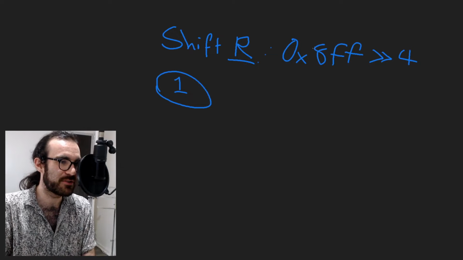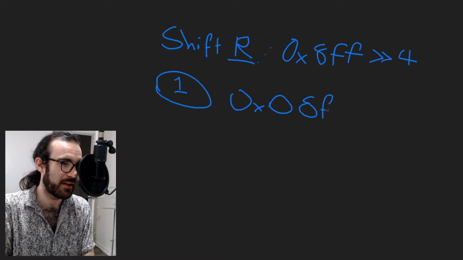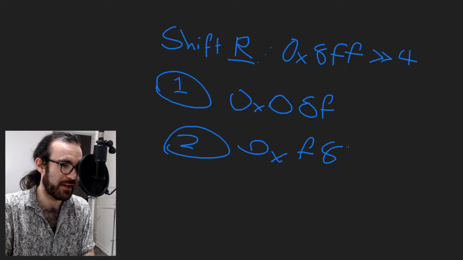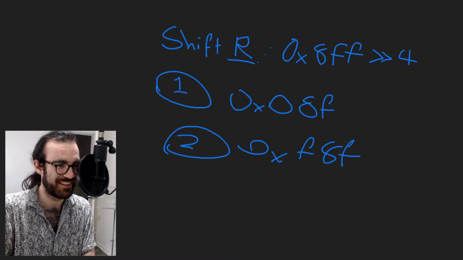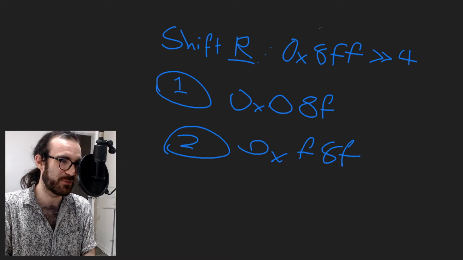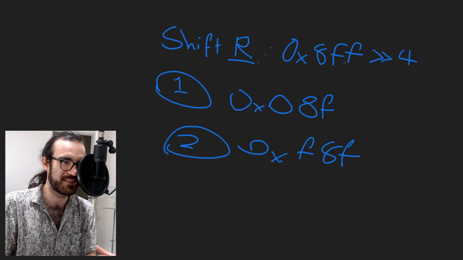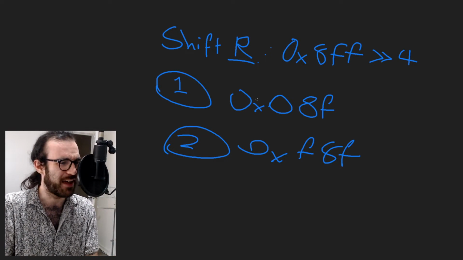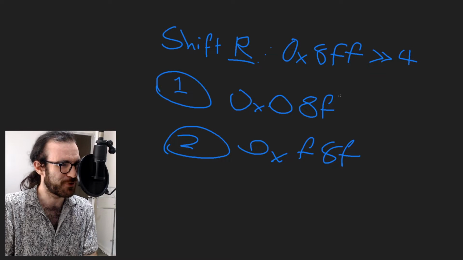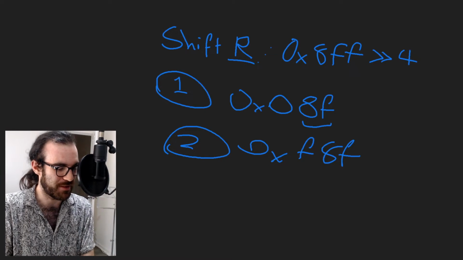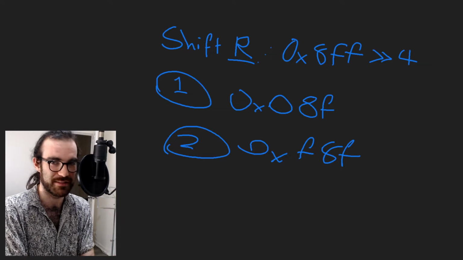So, either you end up with hex 08F, or you end up with F8F, right? Because when this top bit is 1, this is a negative number, and when you shift to the right, if you don't preserve this, you end up with just the positive number 8F, whatever this is.